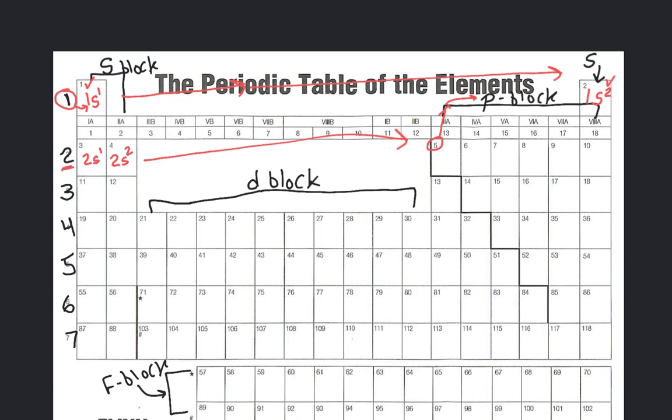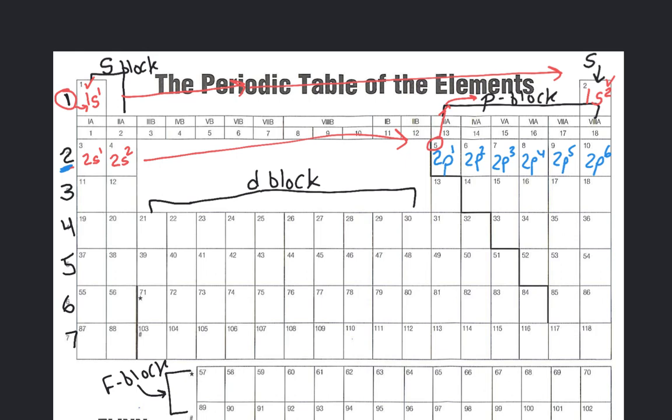So this will be a P. But what row are we in? We're in row number 2. So this is a 2P1, and then we go 2P2, 2P3, 2P4, 2P5, and 2P6.